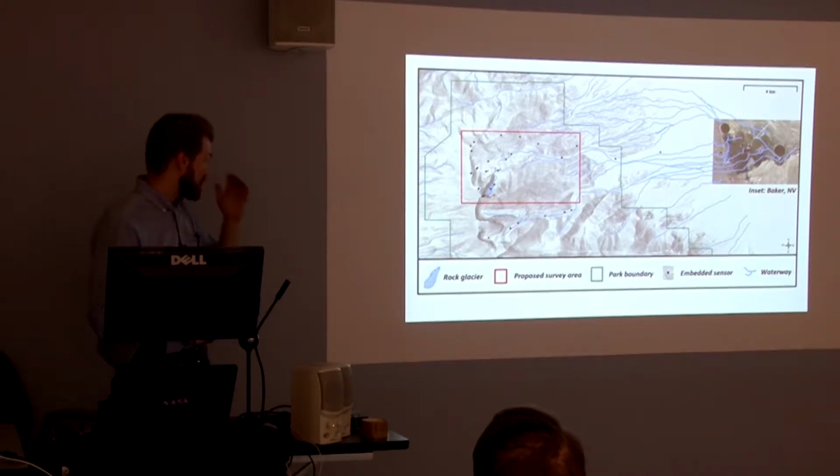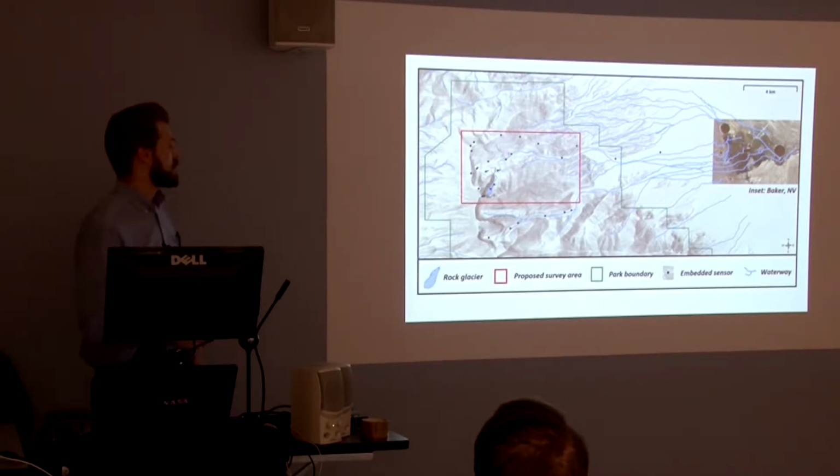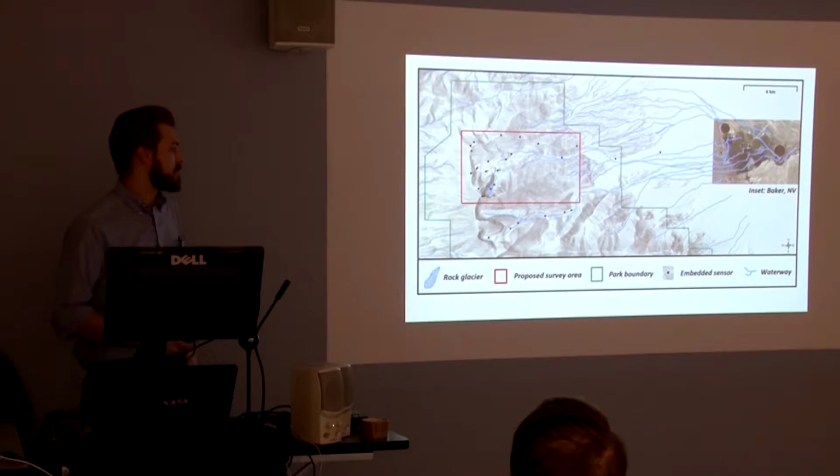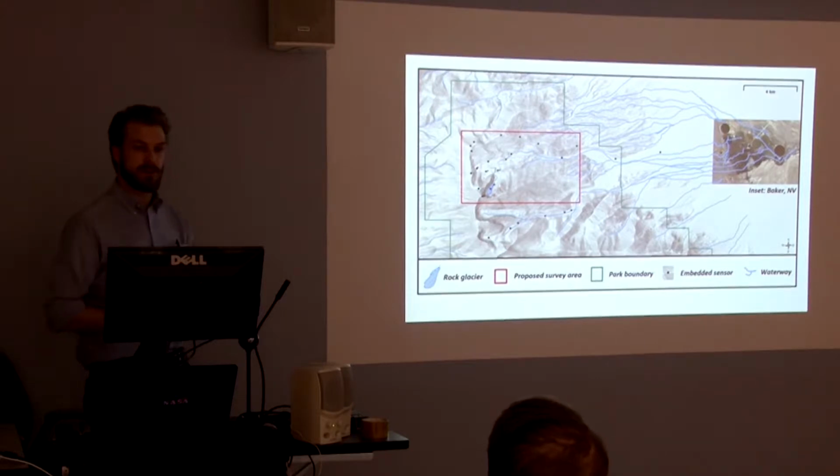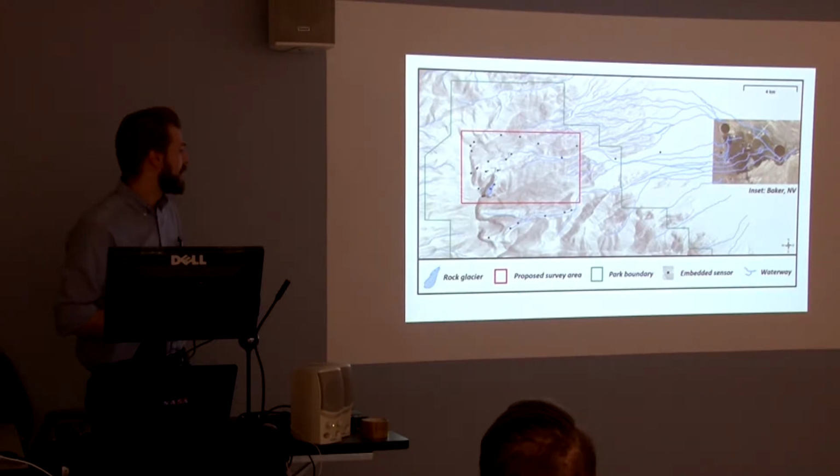And these dots here are an embedded sensor network that some researchers in geography have been operating for the last decade or so. Emily Sambuco has been looking at that. She could tell you more about that. But my interest has been in this little section here, this tiny little rock glacier under Wheeler Peak. And we've been looking at some of the data related to these two sensors as well.